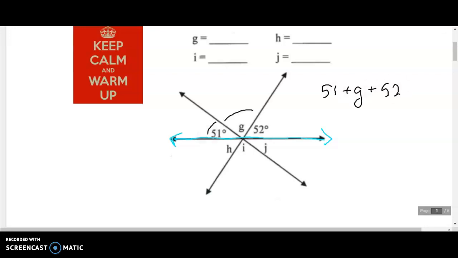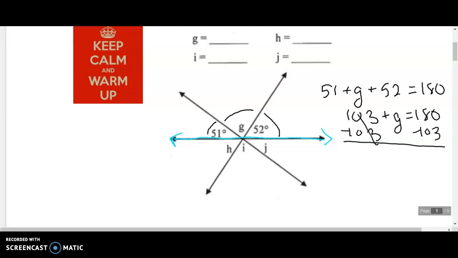These 3 angles all add to 180 degrees. Well, 51 plus 52 is 103, plus G equals 180. And if I subtract 103 from both sides, this is just like algebra, right? We get G equals 77. So G is 77 degrees.